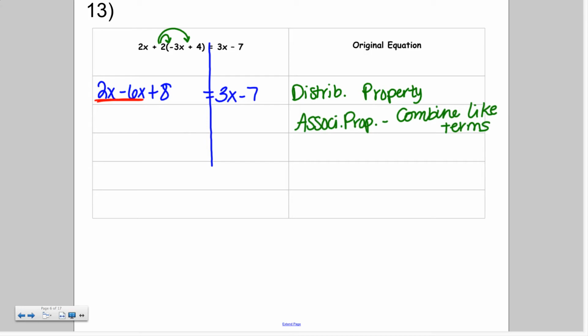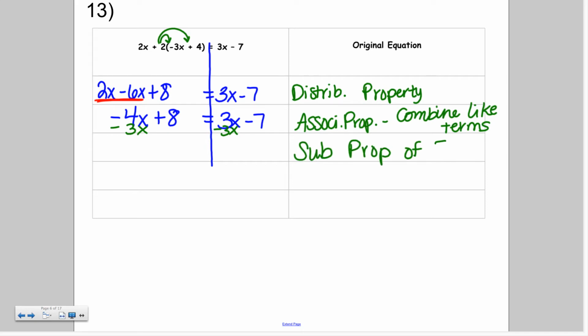All right, so when we combine like terms, we get negative 4x plus 8 is equal to 3x minus 7. Now I want to get both of my x's on the same side, so I'm going to use the subtraction property. I'm going to subtract 3x from both sides. So I'm going to use subtraction property of equality.